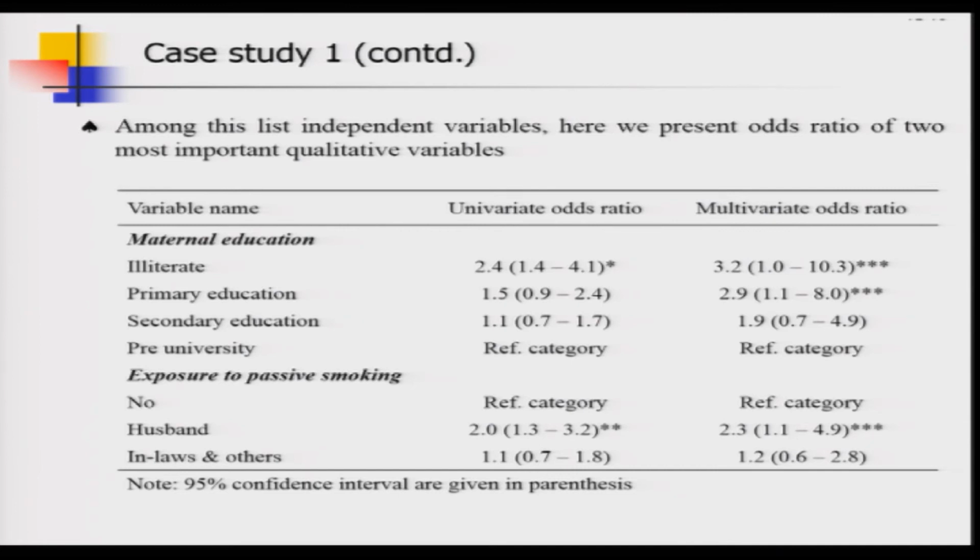But note that the multivariate odds ratio is 1.9 for secondary education. So, for a mother who has attended secondary education, this risk has come down drastically. Here there is 1.9 times chance that this mother will give birth to a low weight baby.